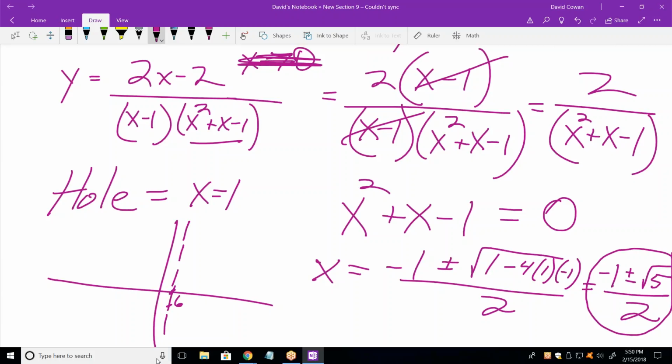And the other vertical asymptote is at negative 1 minus 2.2, which is minus 3.2 divided by 2. That's minus 1.6. I'm rounding everything off. So there's your two vertical asymptotes.